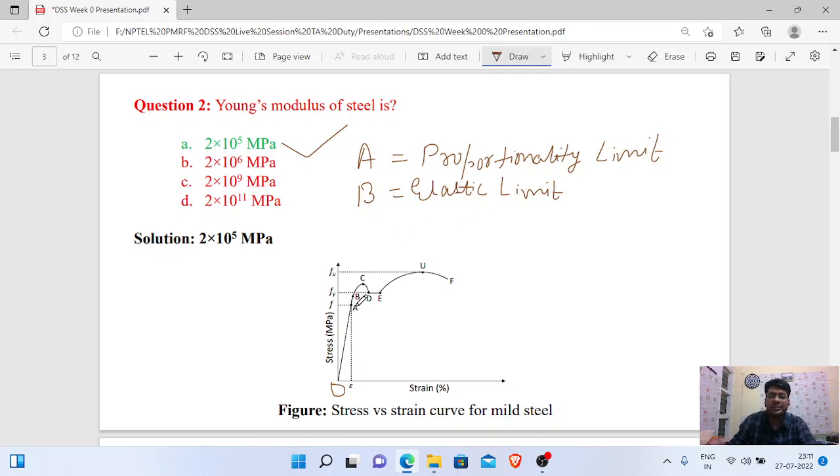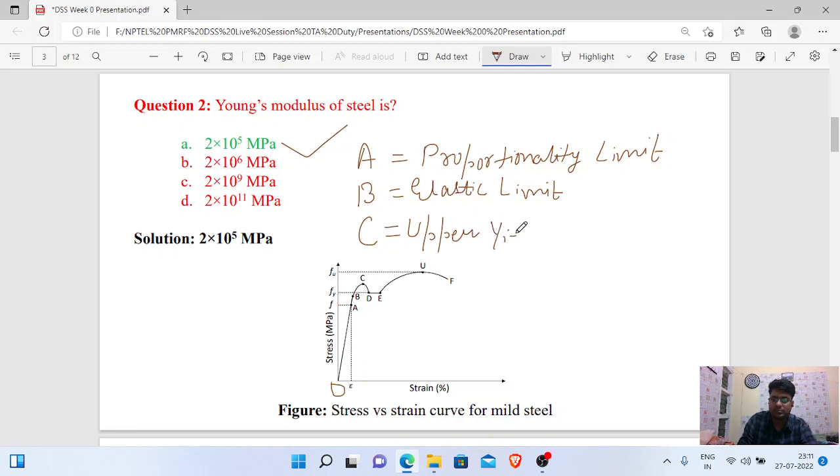Elastic limit means from point A to B the material is still in the elastic range, but it will not follow Hooke's law; linearity is not available from point A to B. In actual practice, when we do this experiment in a lab, we obtain these two points very close to each other. After that there is a point C, which is known as the upper yield point. What is C?